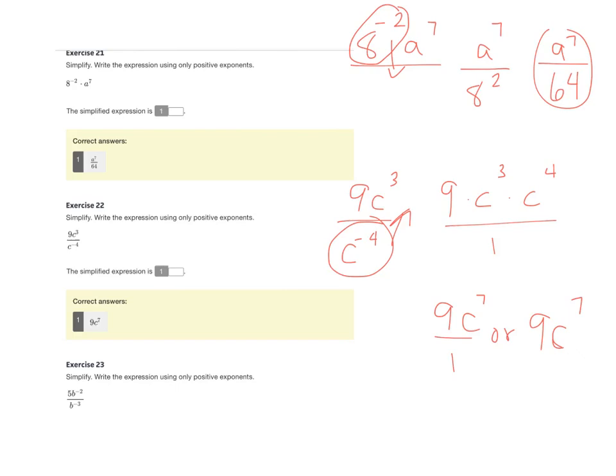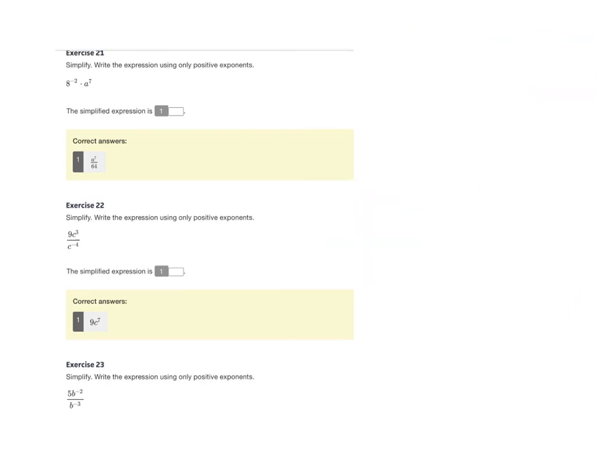23. I've got 5b to the negative second over b to the negative third. What we're going to do here is send this to its room, and send this to its room, just this part. So that would give me 5 in the numerator, b to the third, over b to the second.